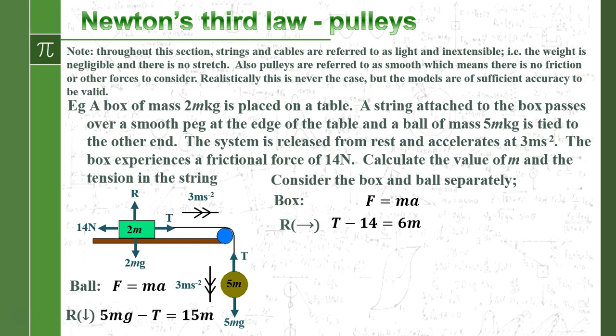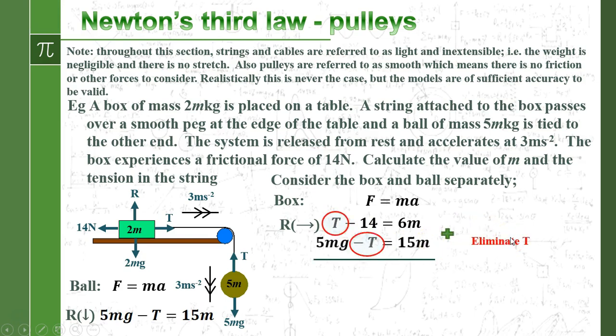Again, two variables, but as we've seen so many times before, two variables, two equations, we can put these things together and do a bit of simultaneous solving. So let's do that. And the nice thing about the way we've set this up is, I've got a positive t here, I've got a negative t here, so literally just adding these two equations together will get rid of the t's.